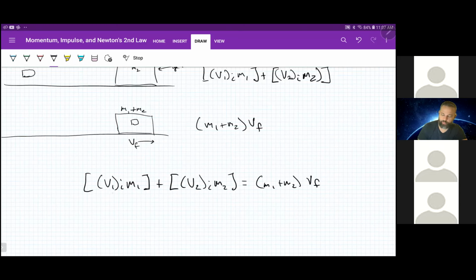So basically this would be the momentum of the bullet. This would be the momentum of the gel. And this would be the momentum of the combined bullet and gel.